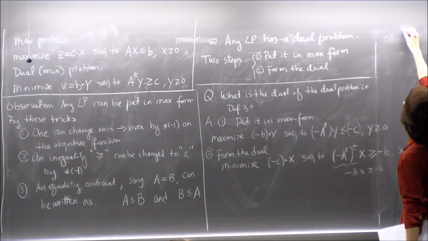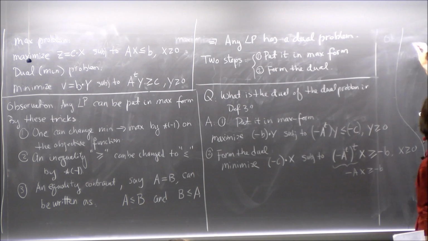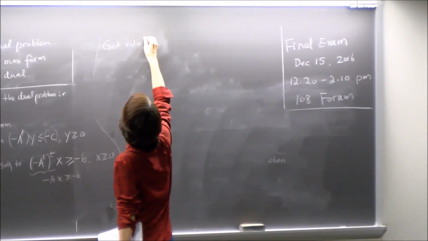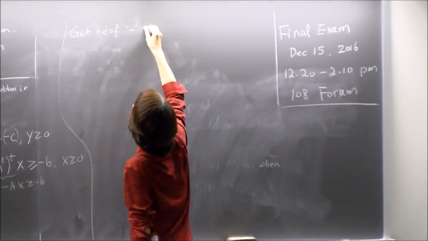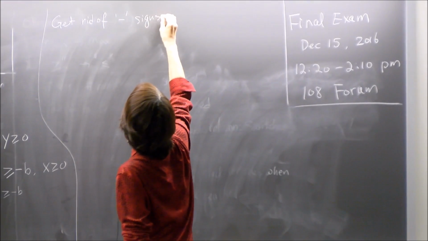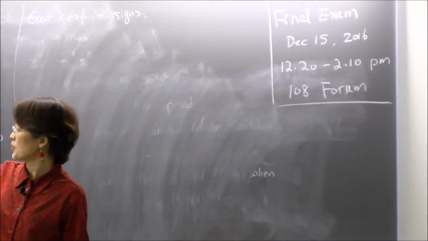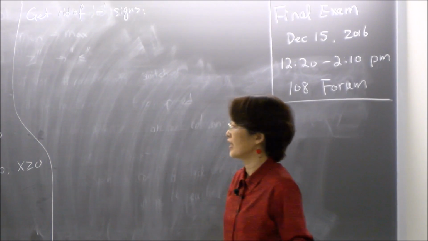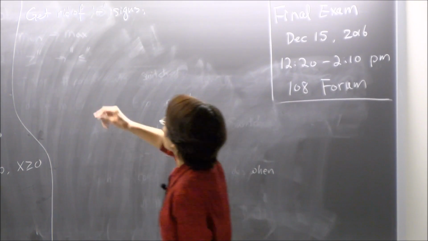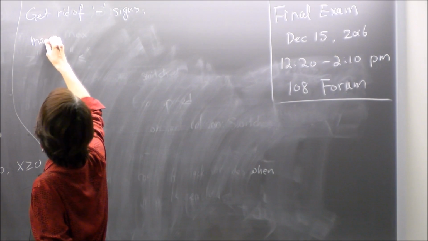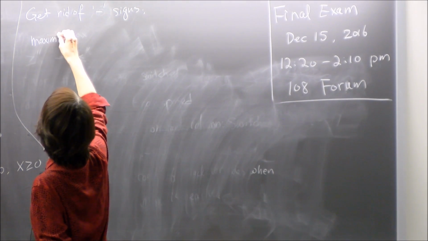Can I get rid of the negative signs? Okay, so if I multiply the objective function by a negative sign, I get rid of that negative, and then I will have a maximizing problem, right?